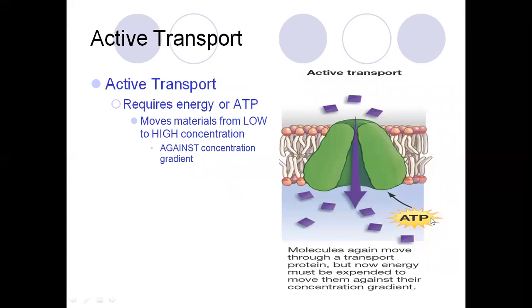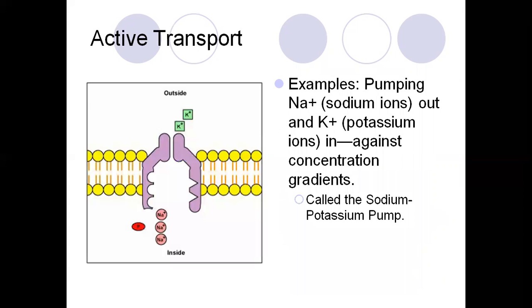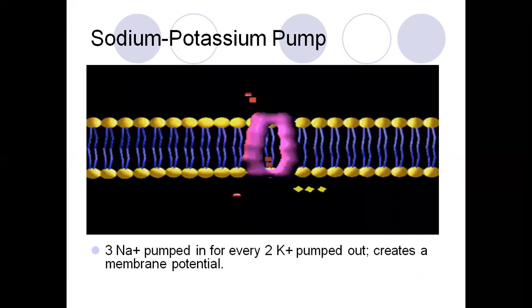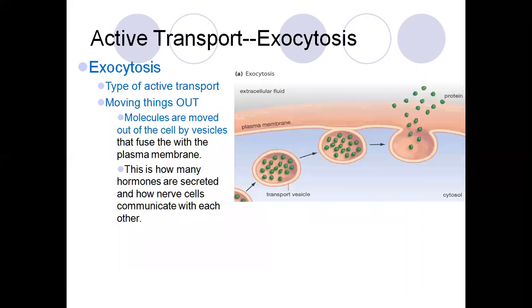This is called active transport. For example, pumping sodium ions out and potassium ions in, against the concentration gradient, is called the sodium-potassium pump. It requires energy. Three Na pump out for every two K pumped in, which creates a membrane potential.